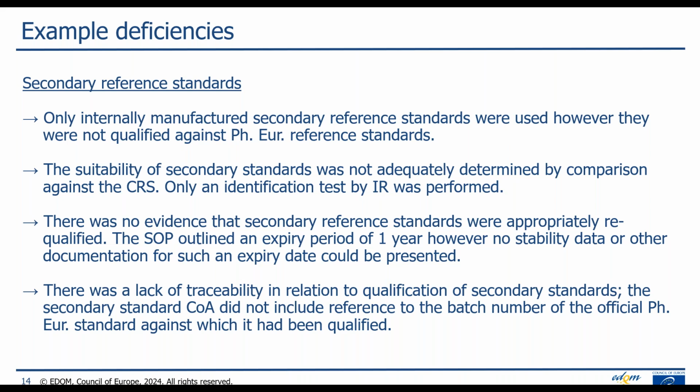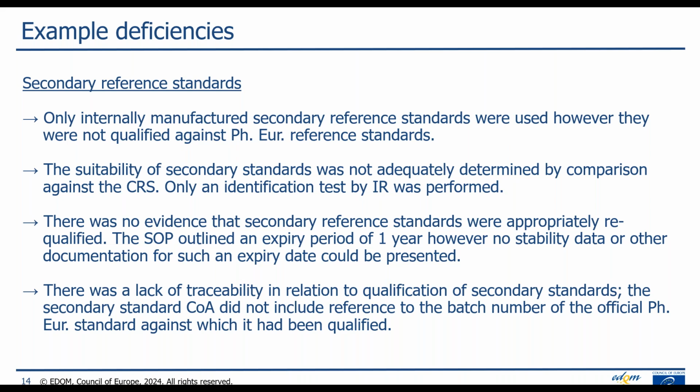Okay, so then in terms of secondary reference standards, some more examples of deficiencies. So the first one here, only internally manufactured secondary standards were used. However, they were not qualified against European Pharmacopoeia primary standards.